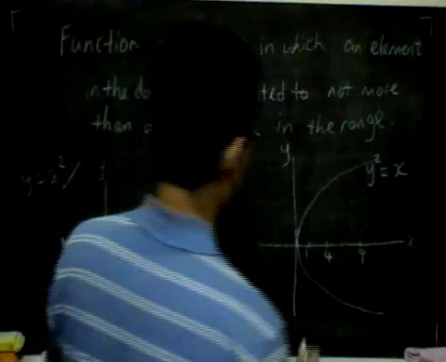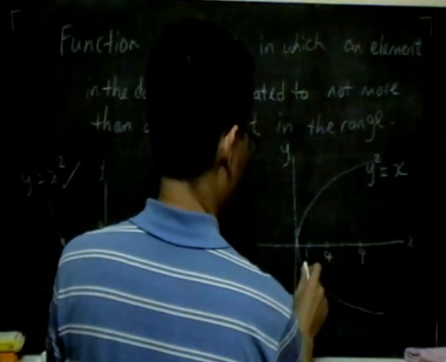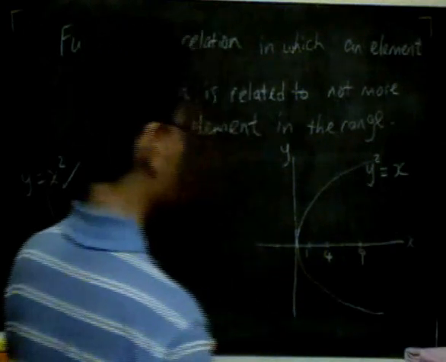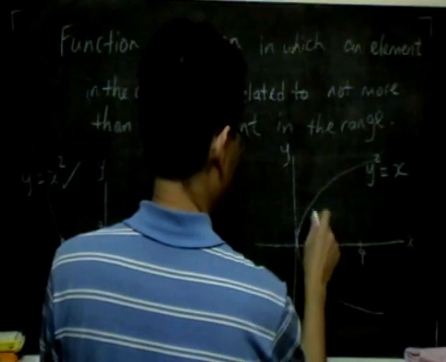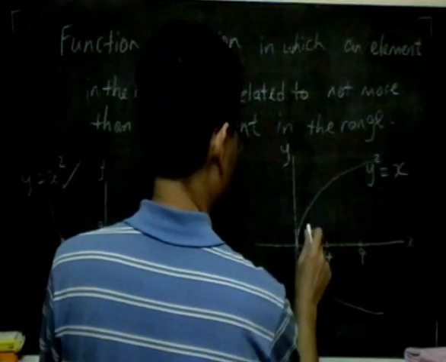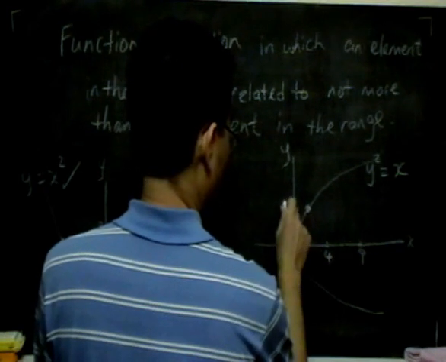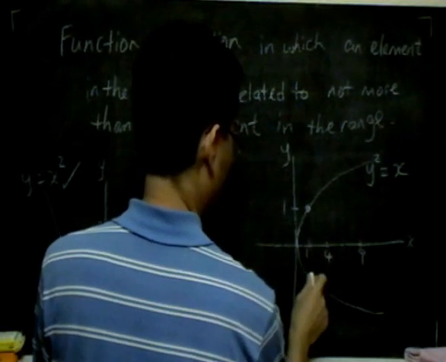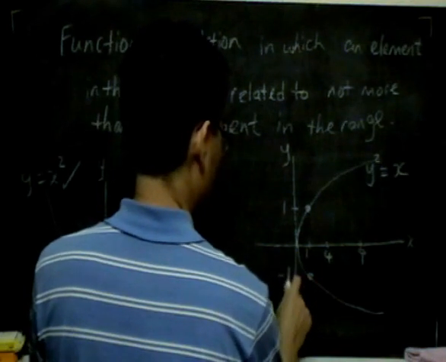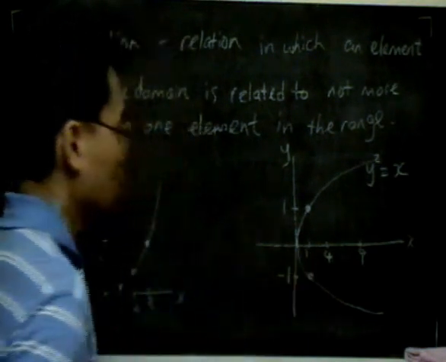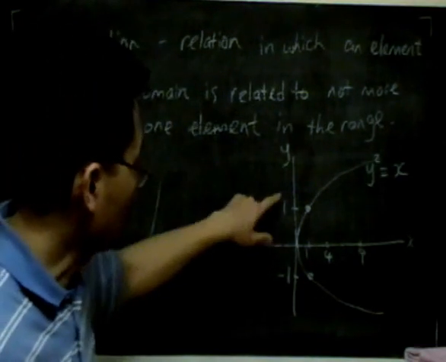Now when x is 1, the corresponding values of y can be, we can go up vertically to there, horizontally to here, it can be 1, or we can go down vertically and left to -1. So when x is 1, there are two possible values of y. It can be 1 or -1.